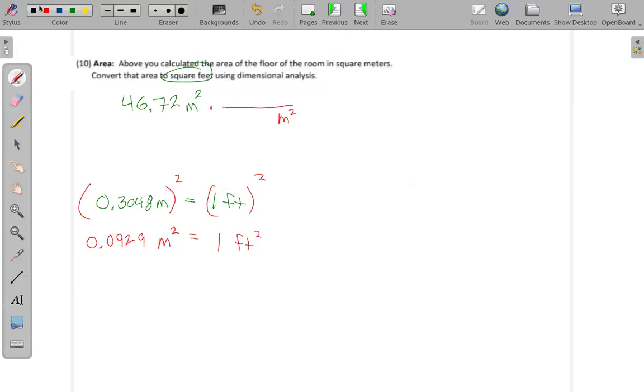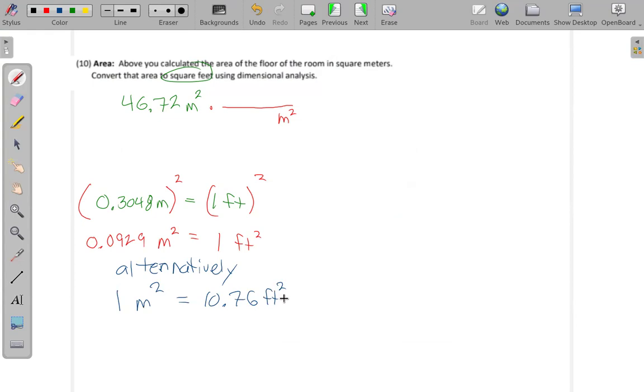All right, so alternatively, if I flip these right here, one meter squared is about 10.76 feet squared. And that seems reasonable.